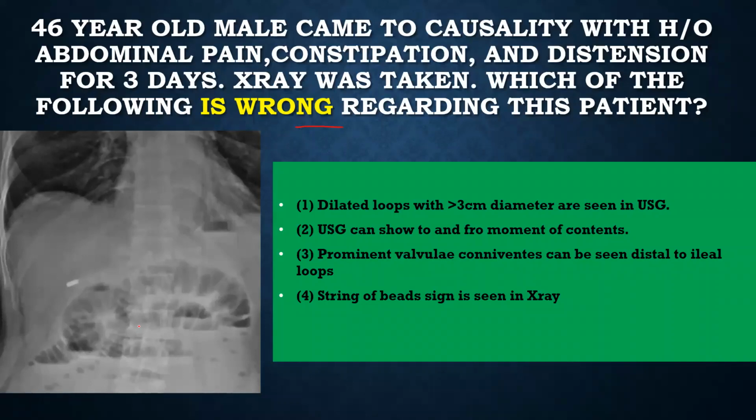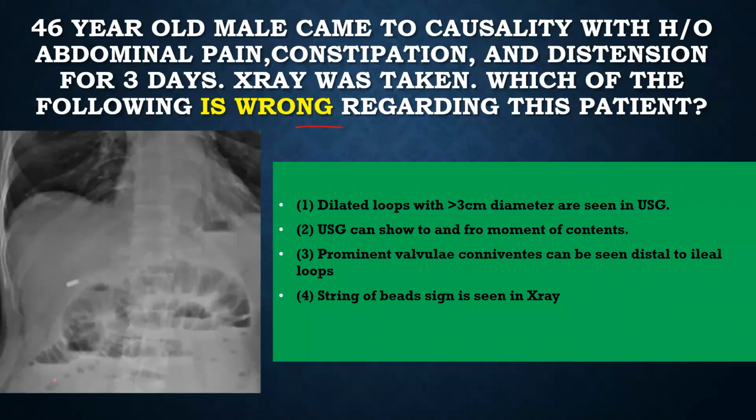Yes, small bowel obstruction. Excellent. What sign also? Here we are able to see multiple dilated small bowel loops. Yes, the stepladder pattern of the bowel. Excellent. Multiple stepladders with air fluid levels.